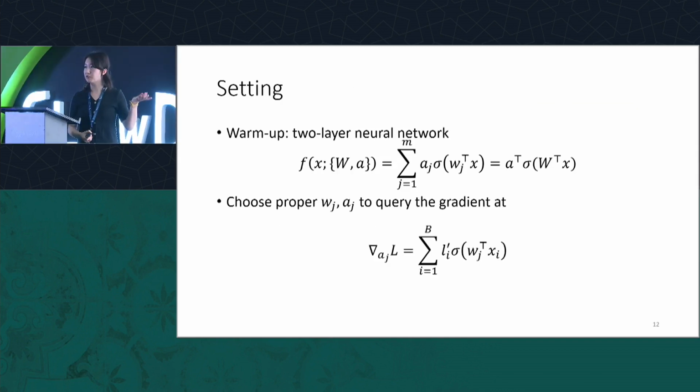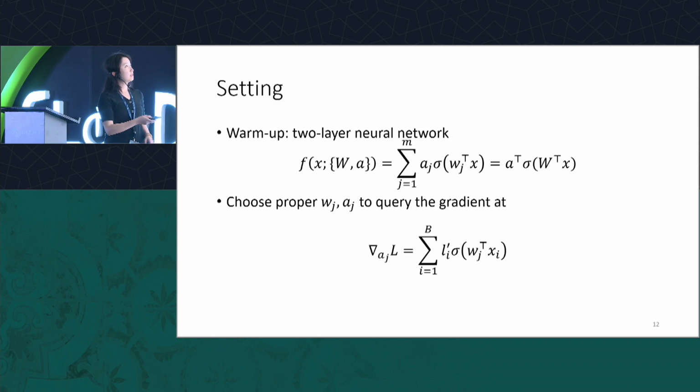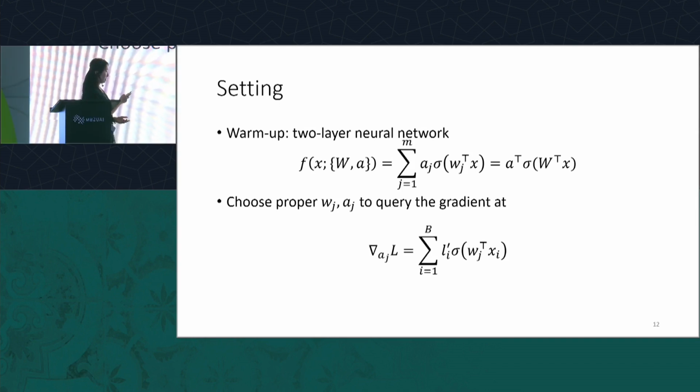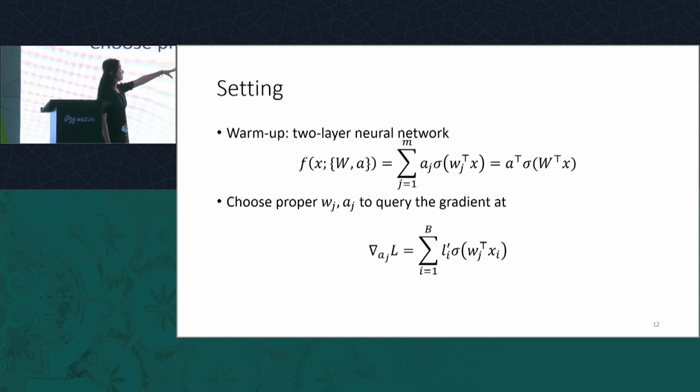Okay. So let me introduce the setting. As a warm-up, let's look at a two-layer neural network first. All the algorithms and results can be extended to deeper neural networks. The prediction function is like this. W is the parameters of the first layer, and A is the parameter for the second layer. As a fully connected function, f(x) is the average of the summation over the hidden units from the first layer.